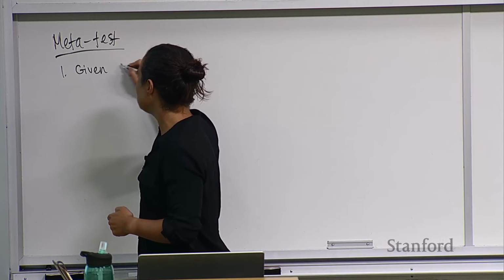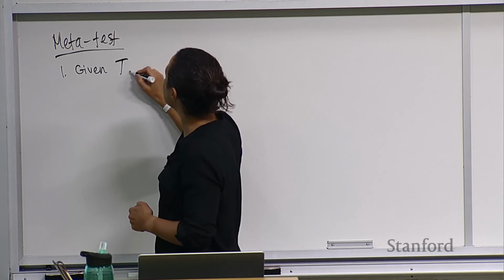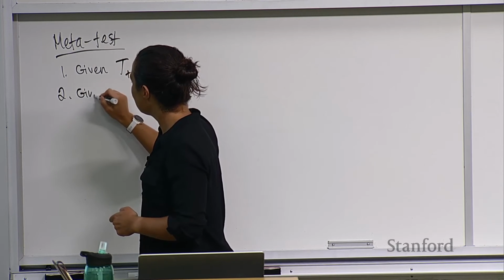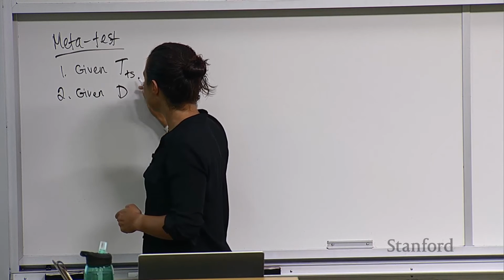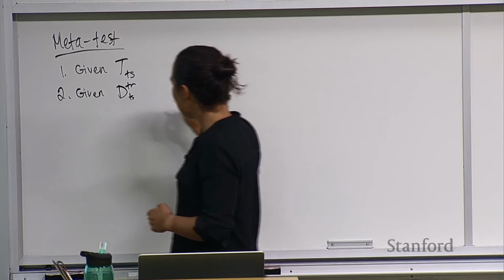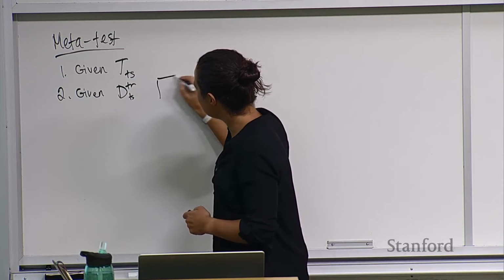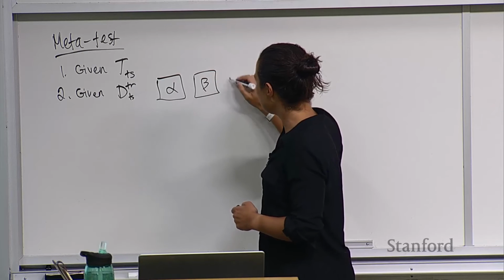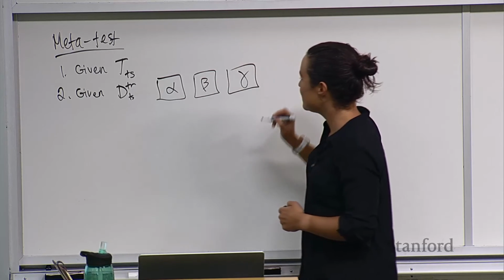you're actually just given a test task, and you're also given a training data set for that test task. And so, for example, maybe your data set is of the Greek alphabet, and so you have some examples like this.